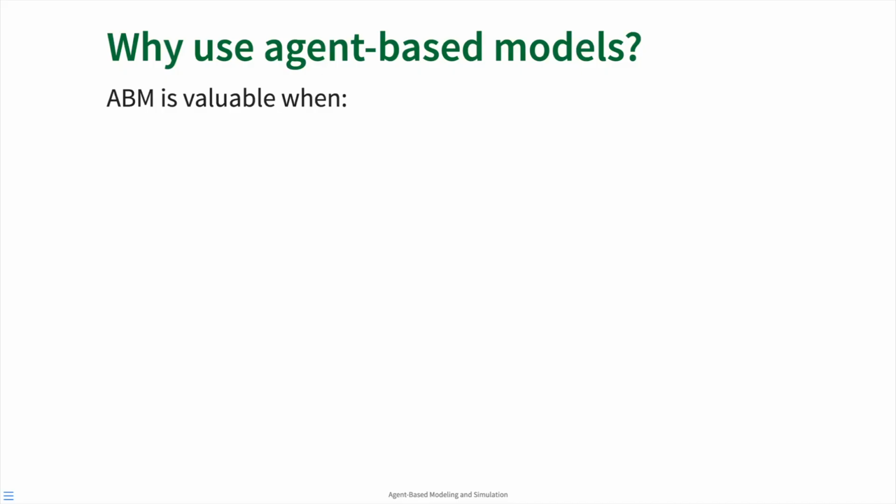An agent-based model is particularly valuable when we're trying to study a system that has particular conditions. One is when it matters that we represent the people or the entities in that system as individuals, and we care about their interactions and maybe different scenarios in which interactions are different.